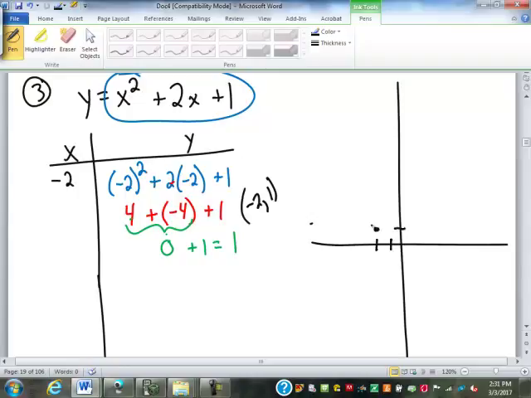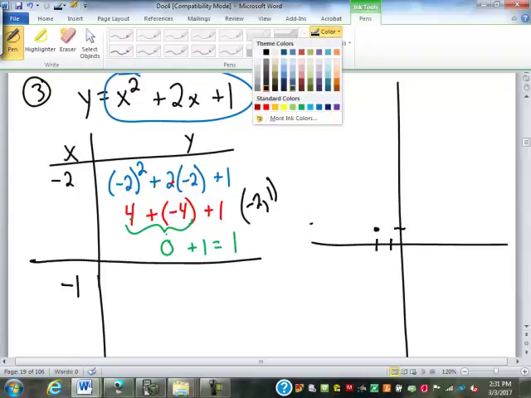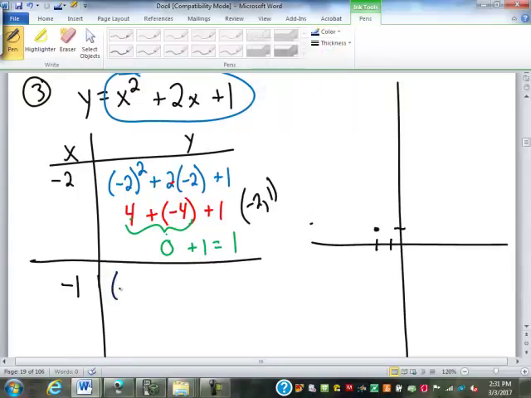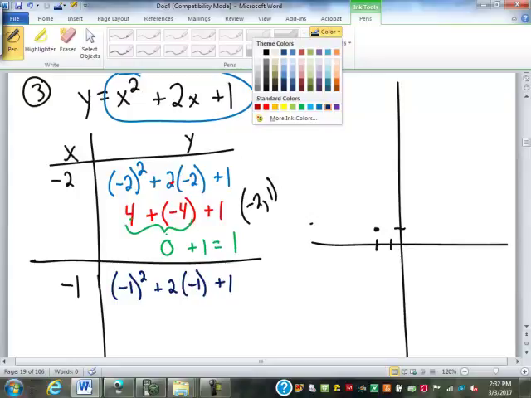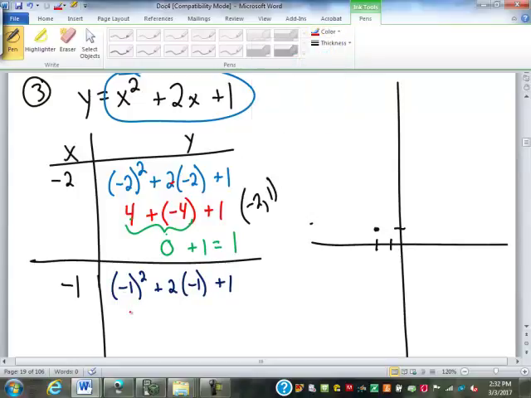So there's a point right there. So now let's do, it says -1 is the next value of x I should use. So let's see what we get for -1. So we've got -1 squared plus 2 times -1 plus 1. Okay, good. -1 squared is 1. 2 times -1 is -2.